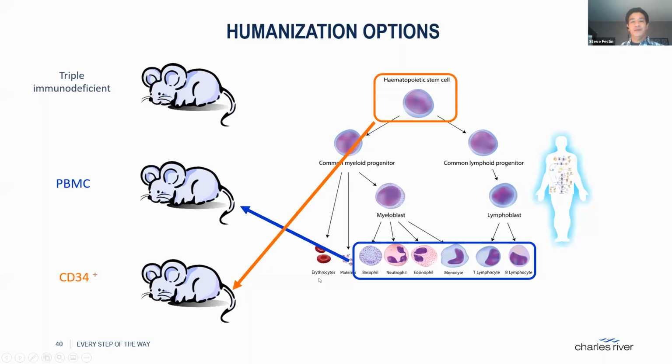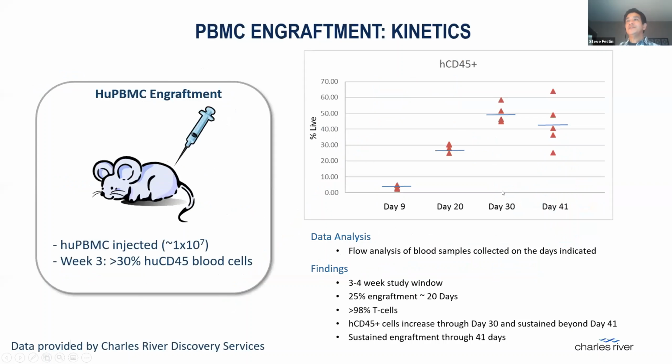Hopefully I can walk through some of those now. In terms of the engraftment kinetics, when Charles River first brought this forward, we set up a particular model. We screened a number of different donors and looked at their engraftment rates. We tested different cell numbers for injection, and we also looked at engraftment rates at CD45 over time. A very interesting observation, which I don't show here, is that there is a high degree of donor variability in terms of the engraftment rates and associated onset of GVHD.